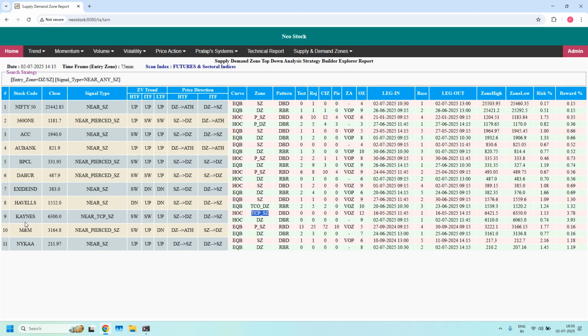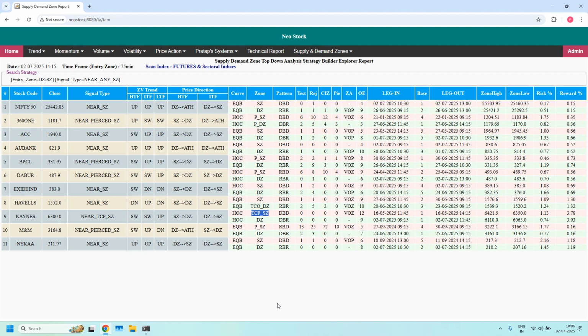KAYNES is having a 75 minutes high liquidity supply zone. That's it. We got only one 75 minutes high liquidity supply zone from this list. So with this, we have completed identification of daily and 75 minutes high liquidity zones for our HLQ zone strategy learned in lesson 21.3 videos.